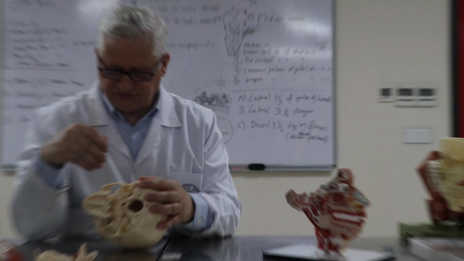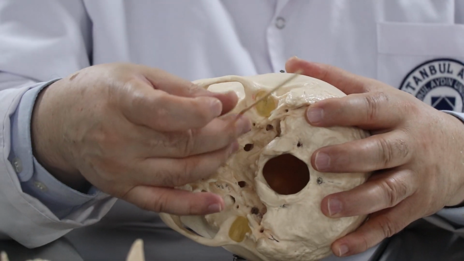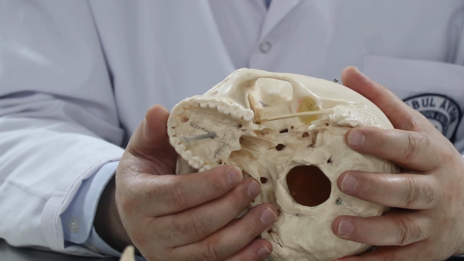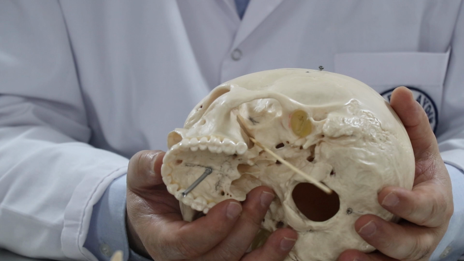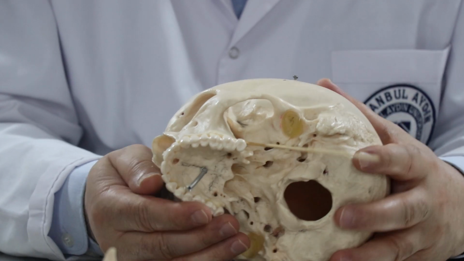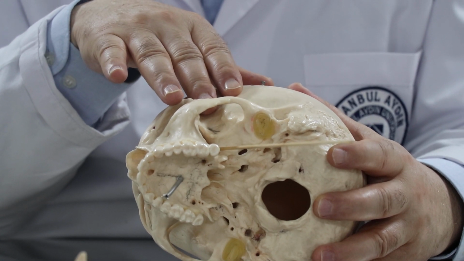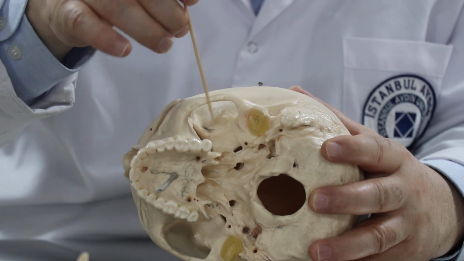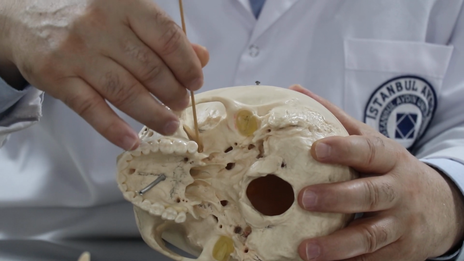This is the pterygopalatine fossa here, and it is particularly important. Lateral to the pterygopalatine fossa is the pterygomaxillary fissure. So this is the pterygomaxillary fissure here, the lateral boundary of the pterygopalatine fossa.